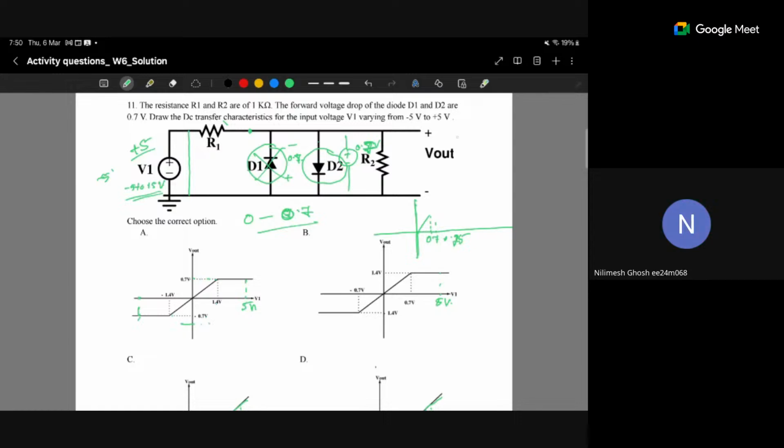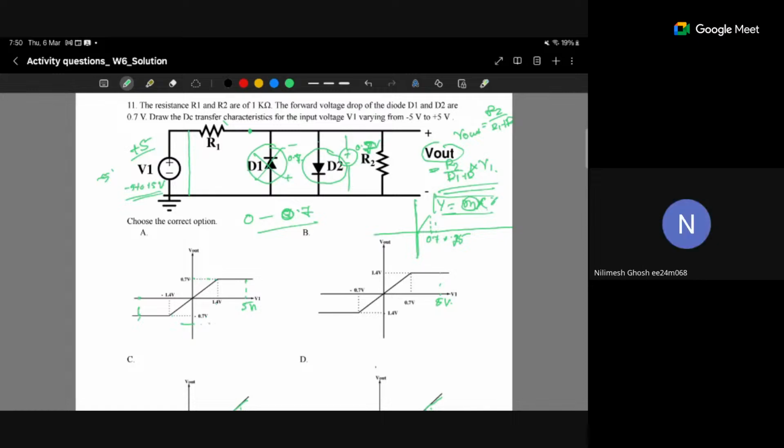So V out will be R2 by R1 plus R2 into V1, right? Now we can say Y equals M into X here, where V out is Y and V in equals X, and M is the slope.